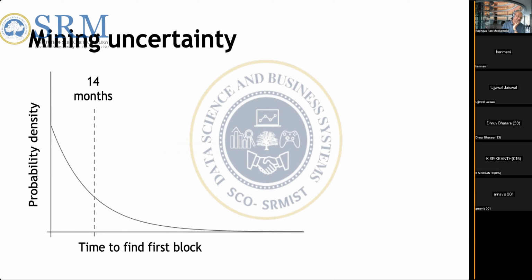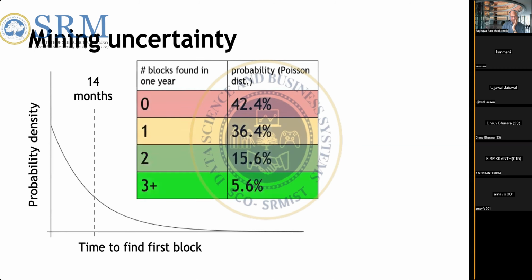So, for example, let's look into the mining uncertainty. Let's say you bought a few ASICs, and you put them at your home and started mining, right? If you mine for the whole year, the probability of finding one block is around 40%, right?